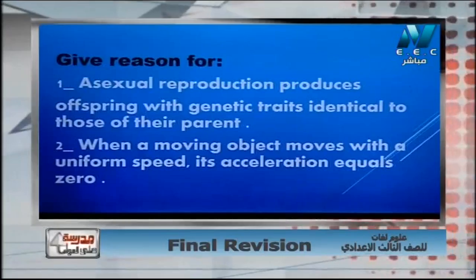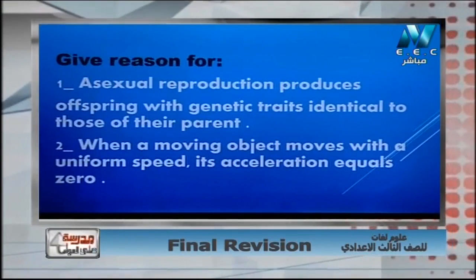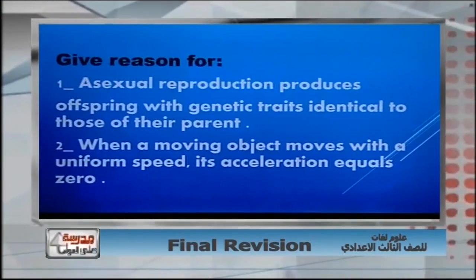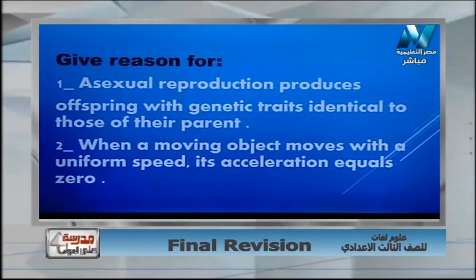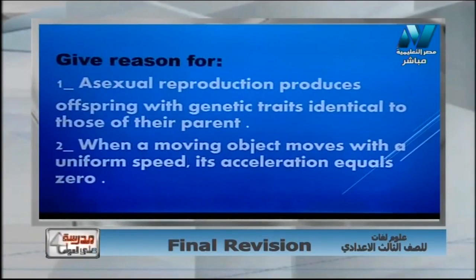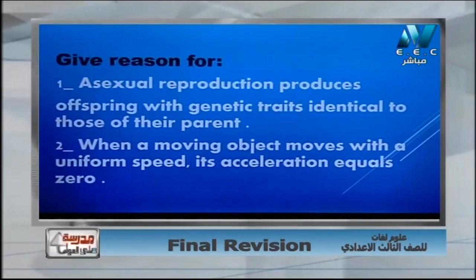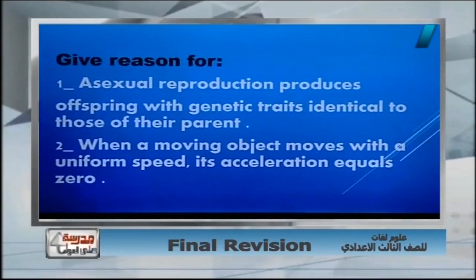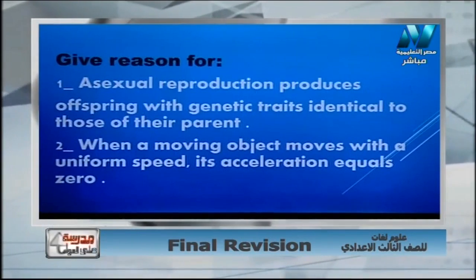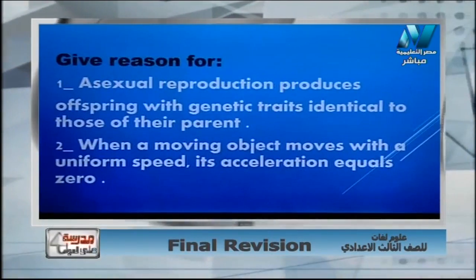Number 2, when a moving object moves with a uniform speed, its acceleration equals 0. Why? From the definition. Because the uniform speed means speed doesn't change by passing time. But acceleration means a change of speed.